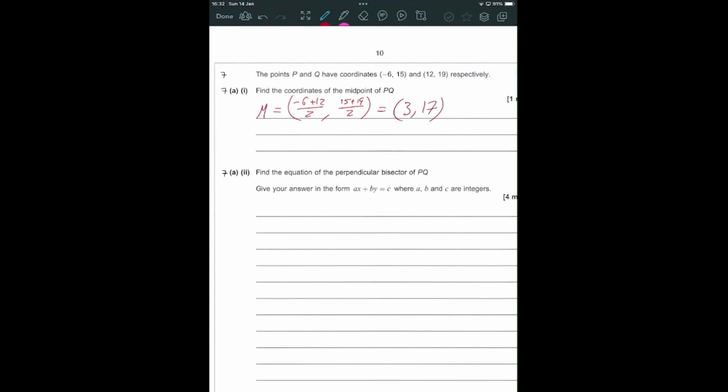Find the equation of the perpendicular bisector. Well, that's quite nice because bisector means we go through the midpoint, and I've just worked out the midpoint. I still need to find the gradient, so let's try and find the gradient of PQ. Gradient is change in y over change in x.